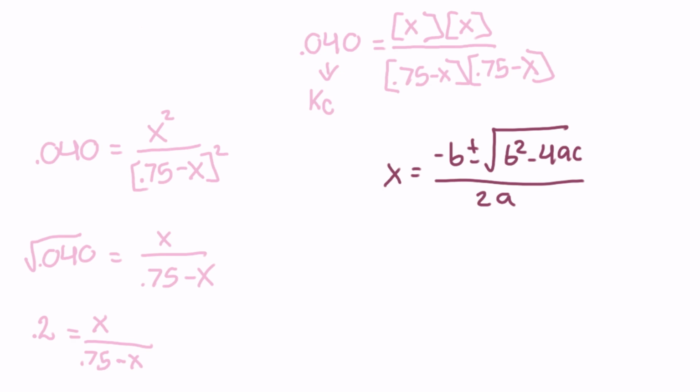We multiply both sides and we get 0.15 to x equals x. And we get that x equals 0.125. Okay, now we have just solved for x, not for the concentrations at equilibrium.